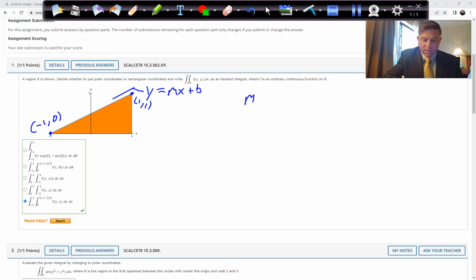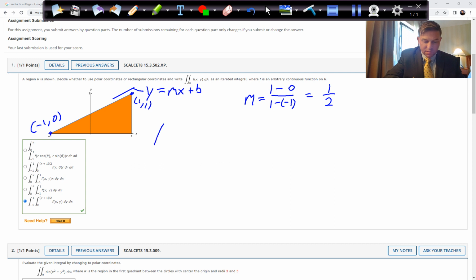And so the slope of this line is going to be y2, which is 1, minus y1, which is 0, divided by x2, which is 1, minus x1, which is negative 1. So we're going to get this as 1 over 2, so the slope is positive 1/2.